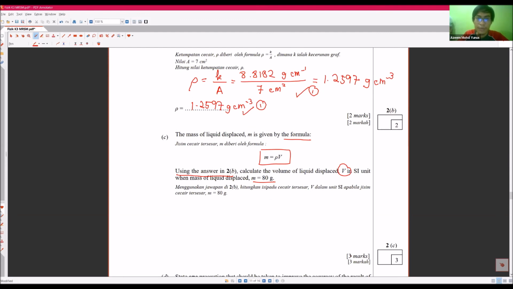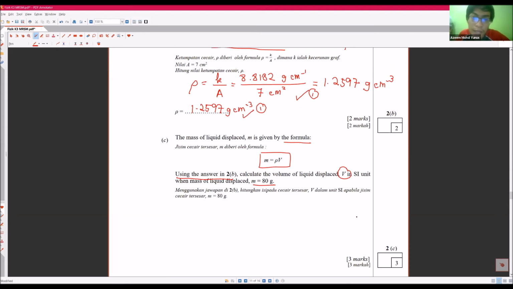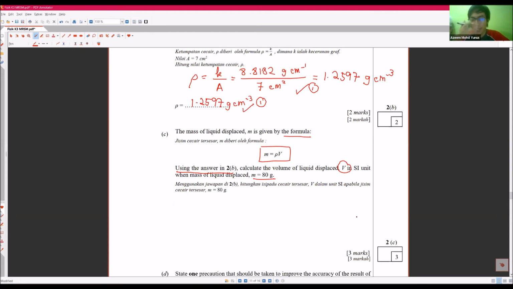But if your answer is correct, then you can get a maximum of 3 marks. So make sure that you do it very carefully. Make sure that you don't make any mistakes, because these questions are very chained to each other. There is some kind of connection between them. So use the previous answer that you obtained.